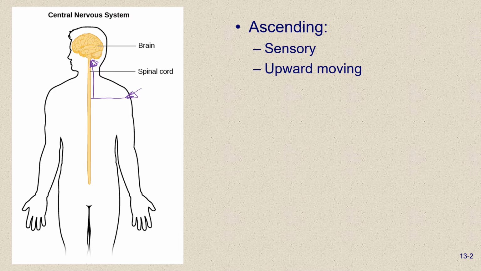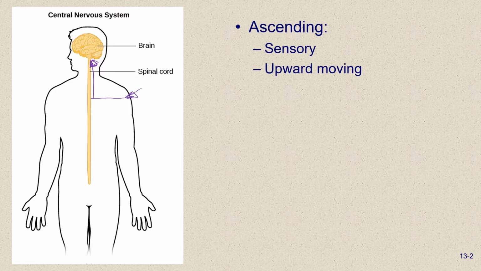So when we hear the word ascending being used in the context of the central nervous system, we're typically referring to sensory information that's traveling in an upward direction, either from the spinal cord up into the lower parts of the brain, or through the lower parts of the brain up towards the cerebrum.